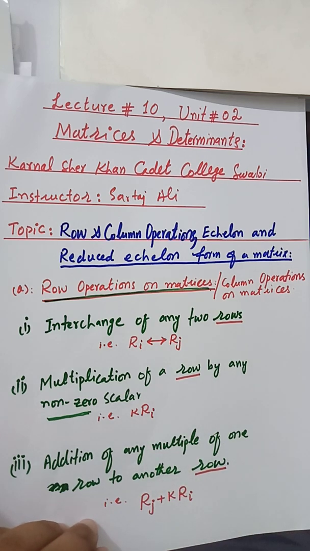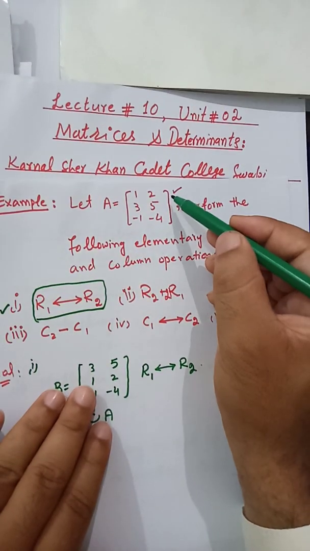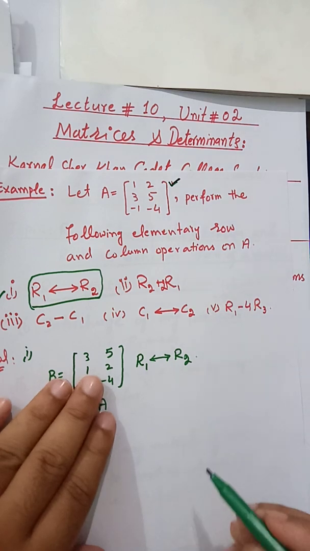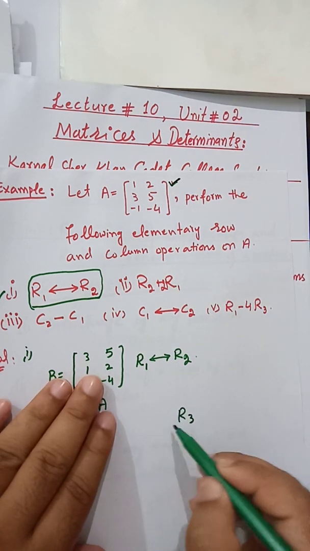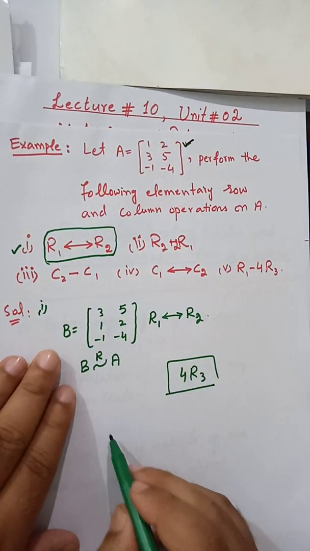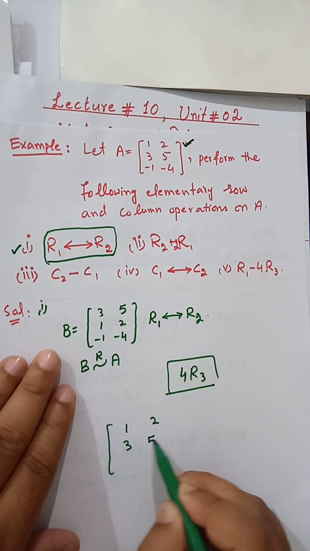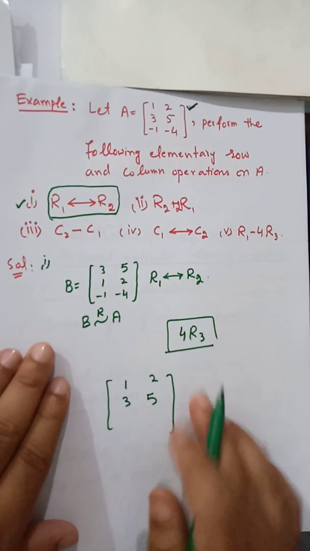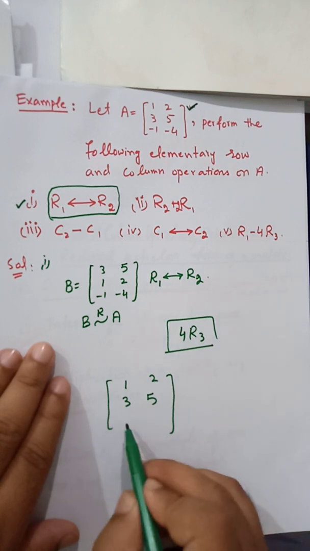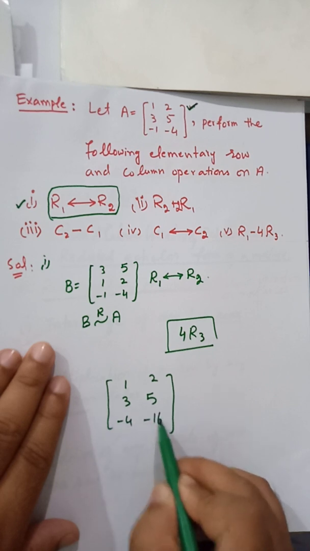For example, in this matrix, let's say I am multiplying row 3 by 4. That matrix will become: row 1 will be written as it is, row 2 will be written as it is, and row 3 will be multiplied with 4. So 4 will be multiplied with every element of that row: minus 4, minus 16.